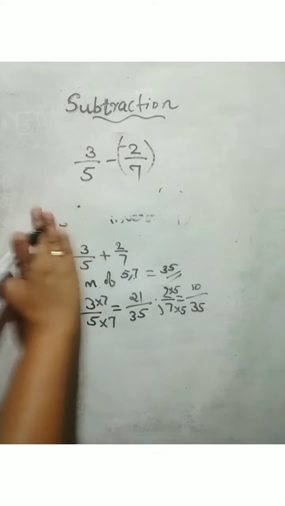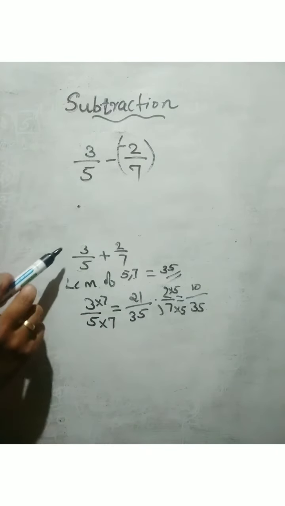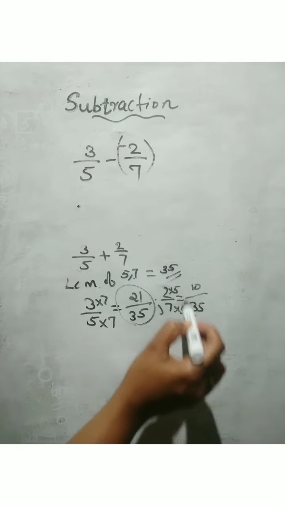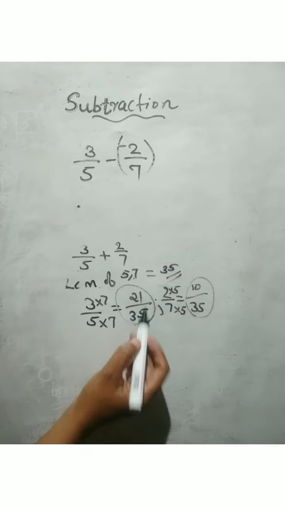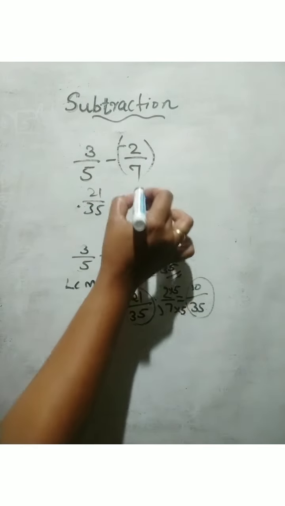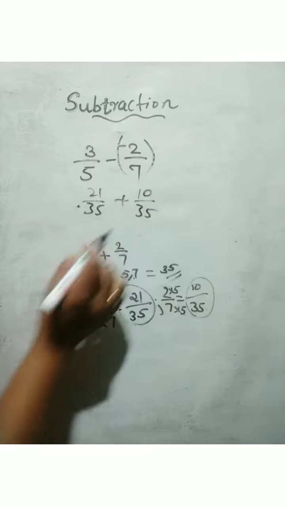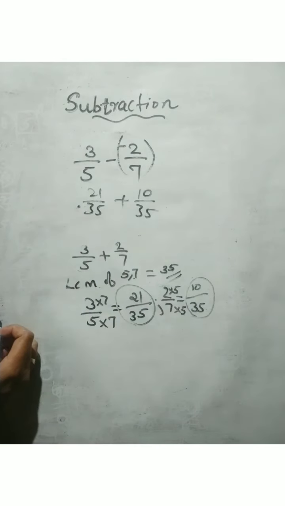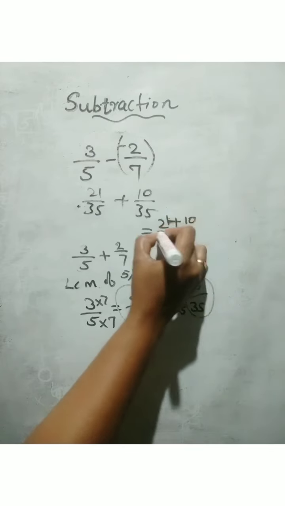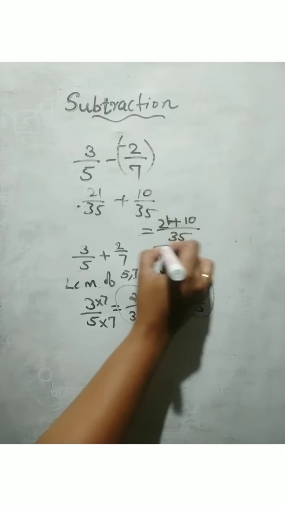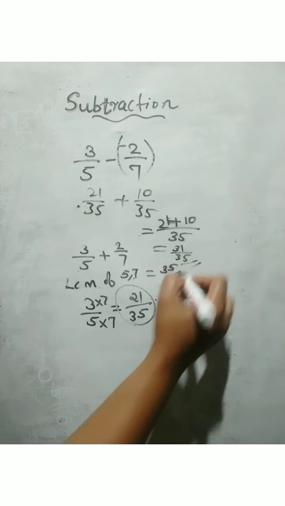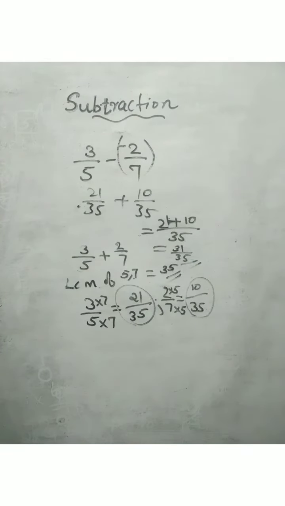Okay, then instead of this addition, we can write these new rational numbers. That is 21 on 35 plus 10 on 35. Now the denominators are the same, so we can add 21 plus 10 over 35. 21 plus 10 is 31. 31 on 35 is the answer. You got it?